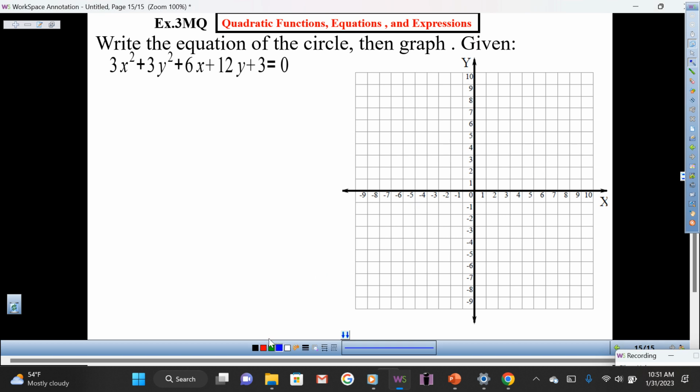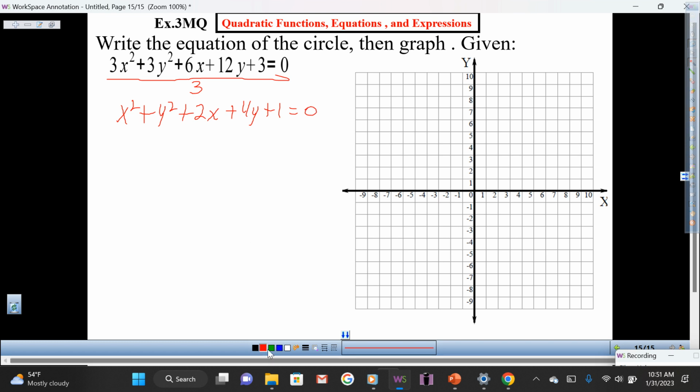All right, so help me out. What is our first step, Maddie? First step? So after standard form, yeah, we divide by the leading coefficient, which is 3. We're left with x squared plus y squared plus 2x plus 4y plus 1 equal to 0. Next step.